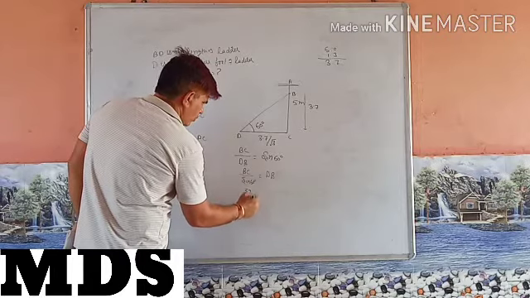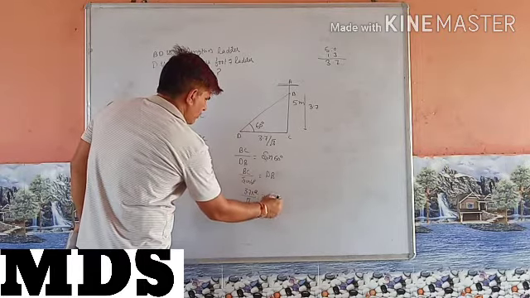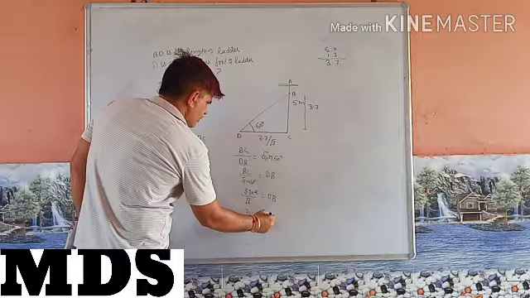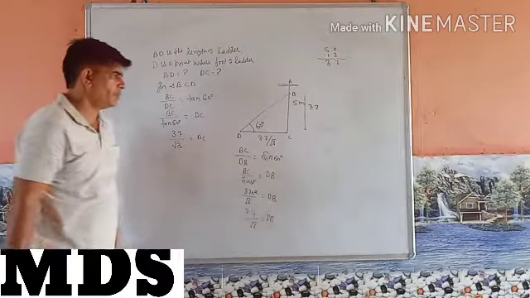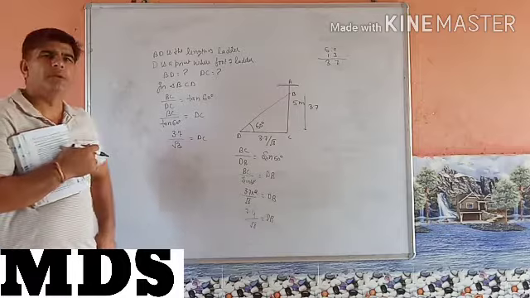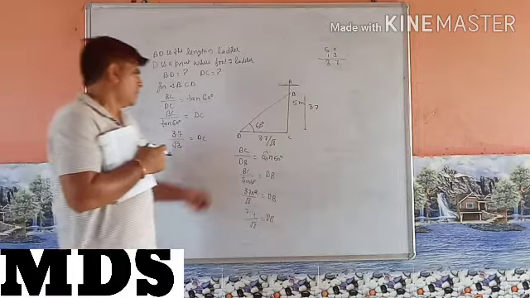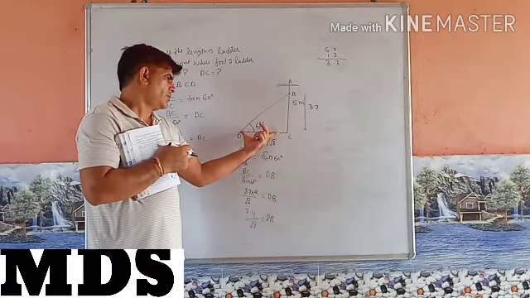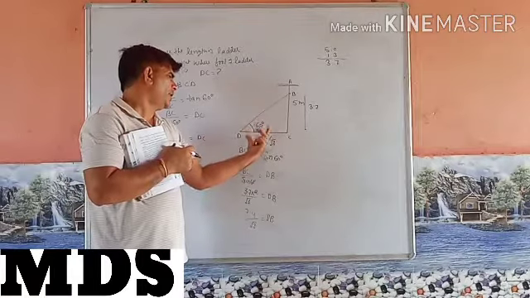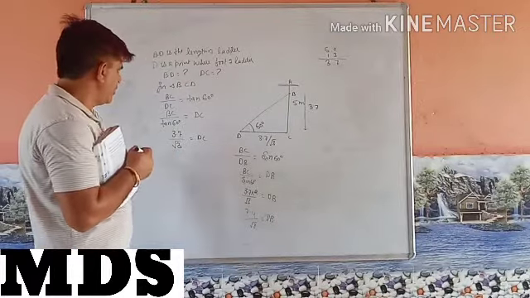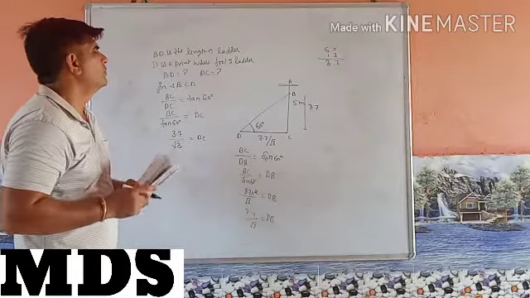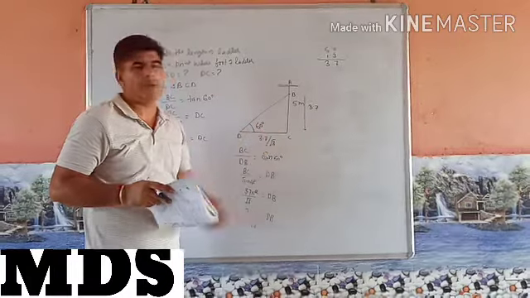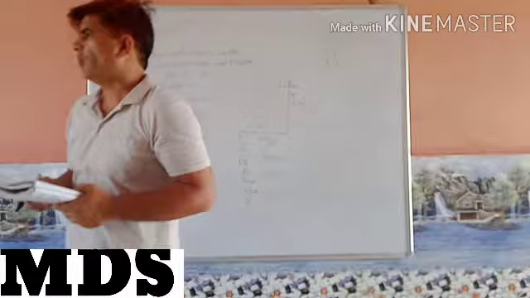Sine 60 is root 3 by 2, so it is equal to BD. You can say BD equal to twice of BC. This length is 2 times of it. Then that person is able to work with it.